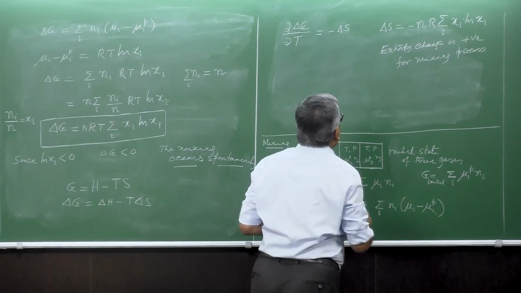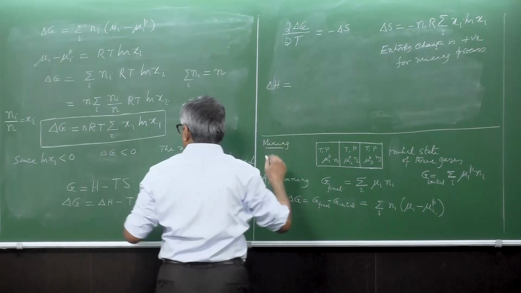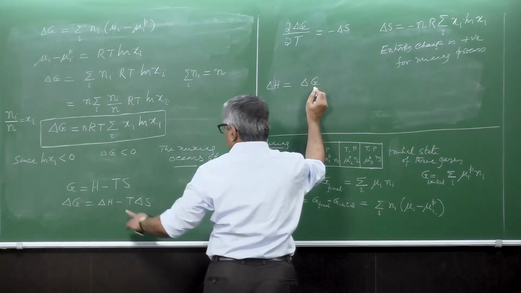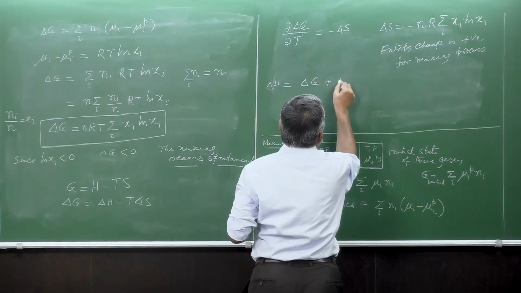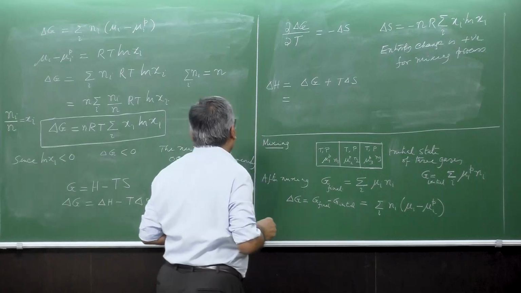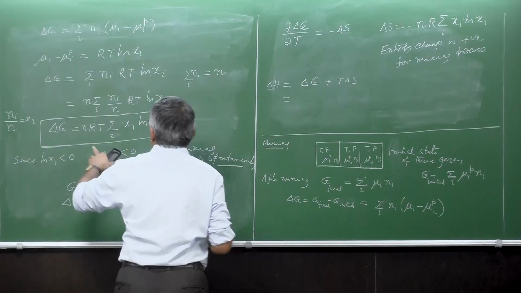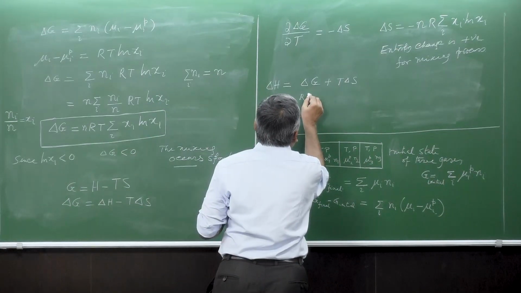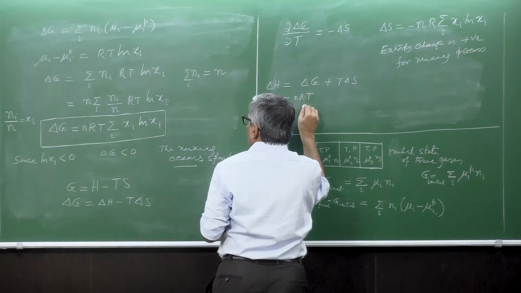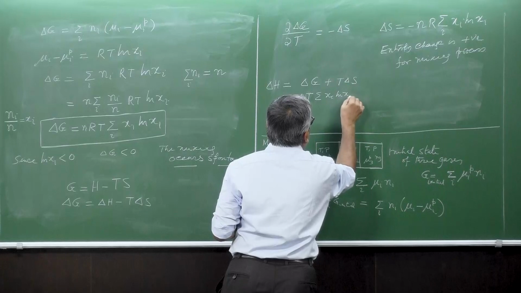So now what is my delta H? Delta H can be easily found out by delta G plus T delta S. That's a very interesting quantity, and you see, what is my delta G? Delta G is basically nRT sum over xi ln xi.